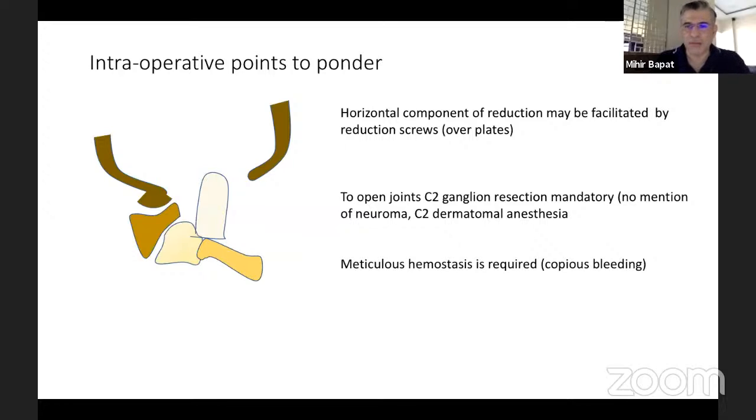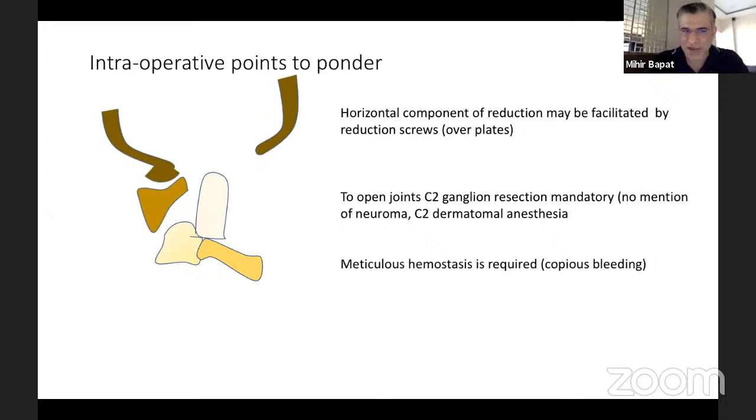Most of our Indian authors now believe that none of these dislocations are truly irreducible, they are rigid, and it is possible to realign them either completely or partially. And the aim is to distract the C1 C2 joint, put a bone graft or a spacer there, fix the C1 C2 complex, and reduce the various components of the deformity.